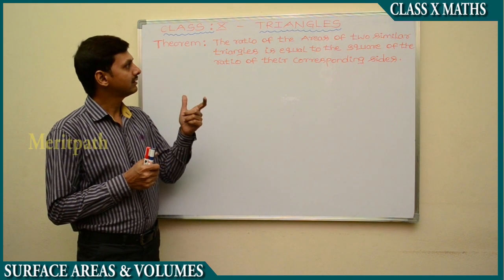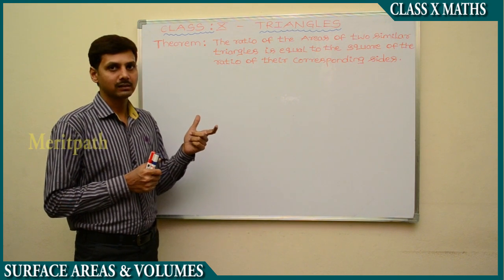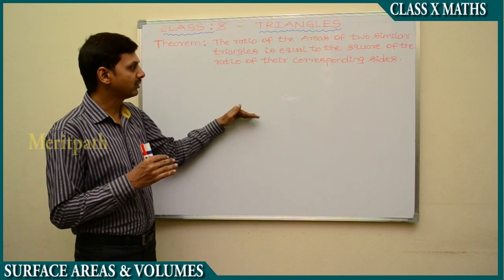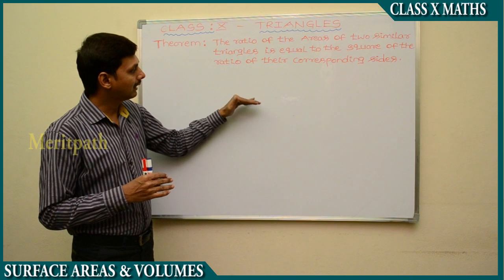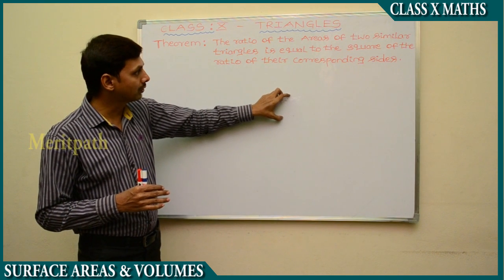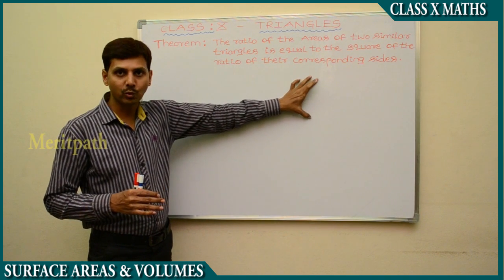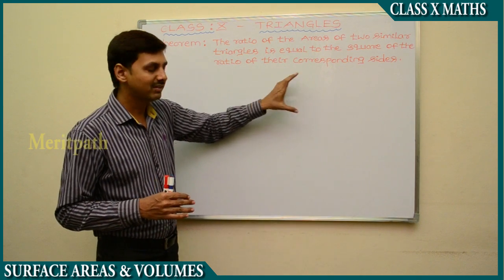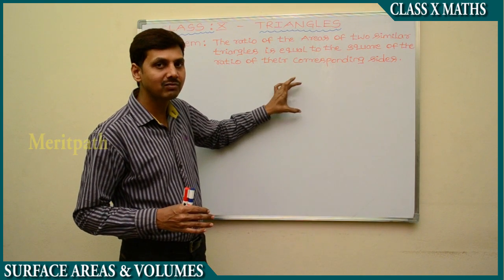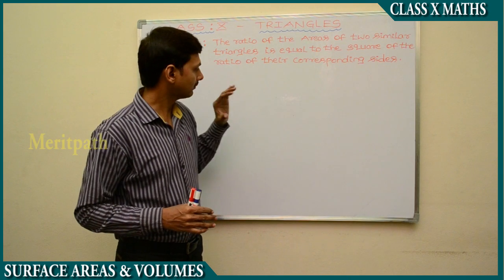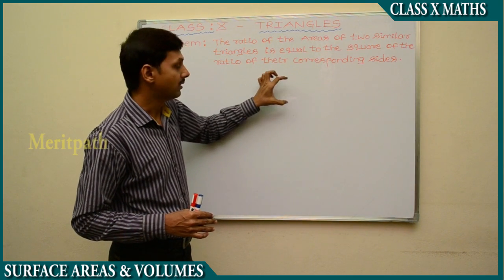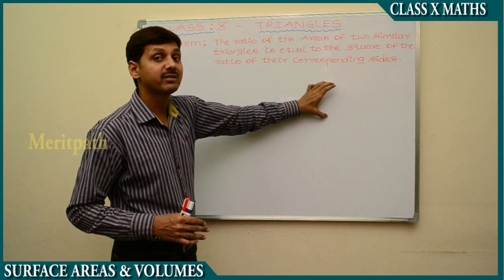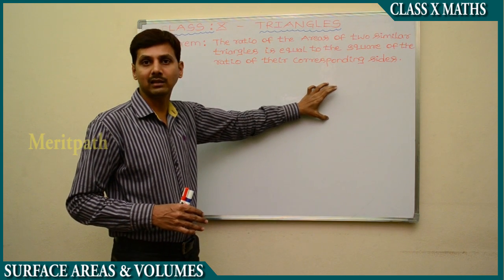The ratio of their areas is equal to the square of their corresponding sides. The areas of two similar triangles are equal to the squares of the corresponding sides of those triangles.